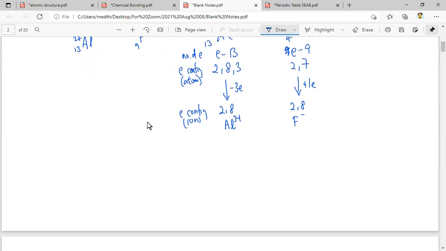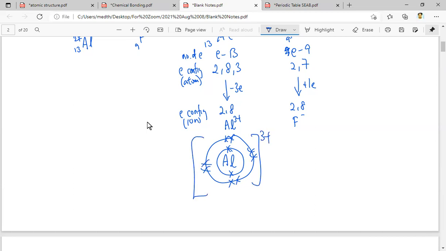How exactly to draw? Okay, so Al3+ actually is Al in the middle, 2, 8. So 1 circle, 2 circle, 2 in the first shell, 8 in the second shell. And square bracket, 3 plus.